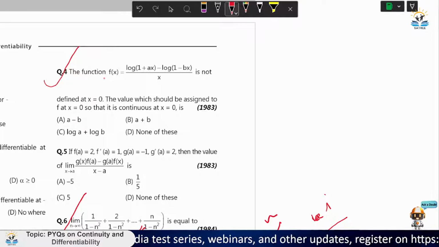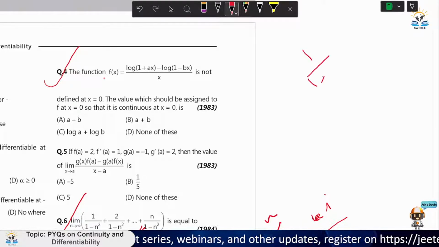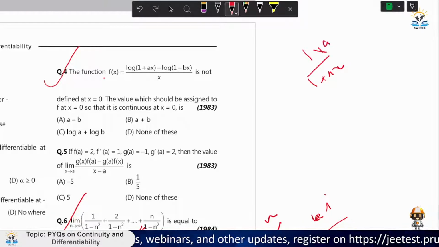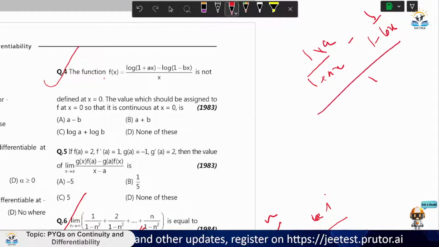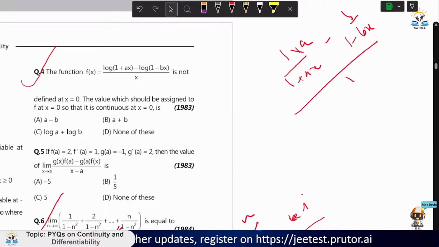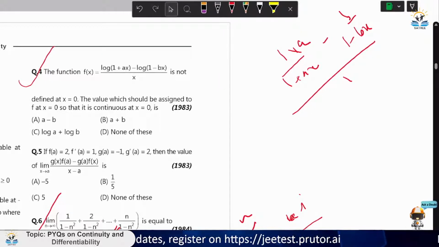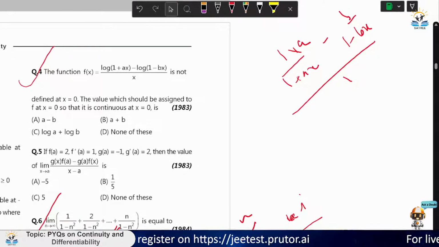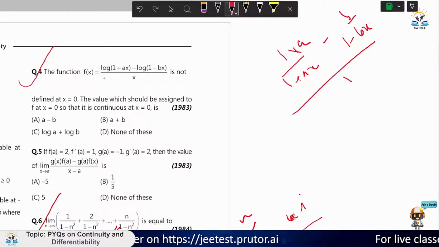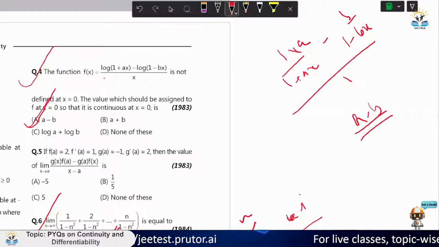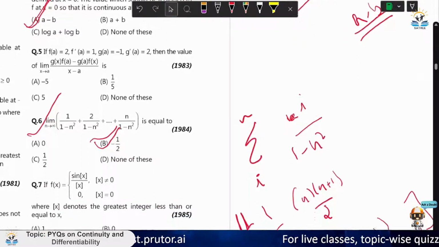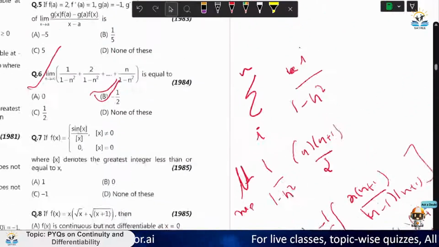So 1 by this multiplied by a minus b, upon 1, should be my answer. Taking x equals 0 now, I get a minus b. So it should be equal to a minus b. As simple as that.